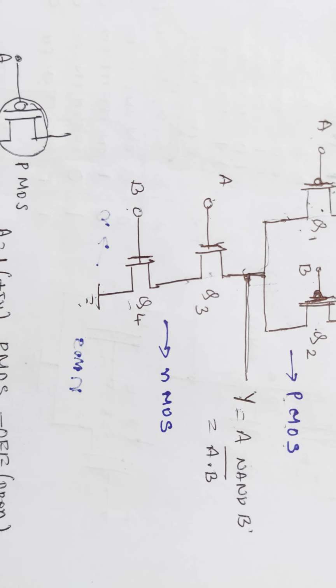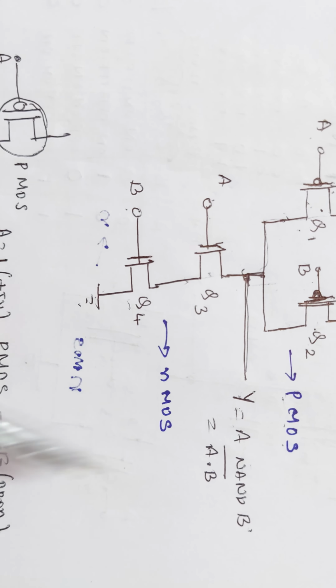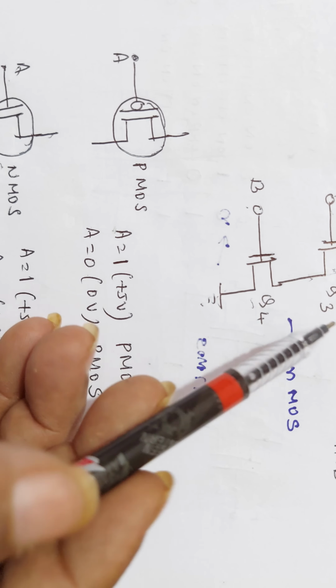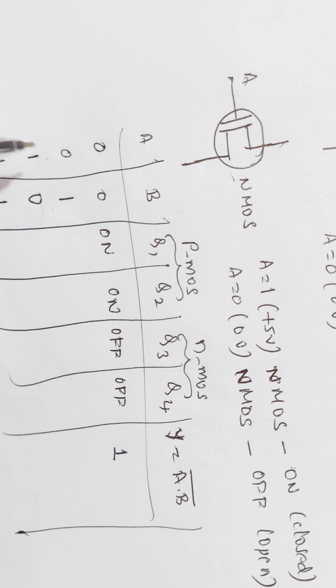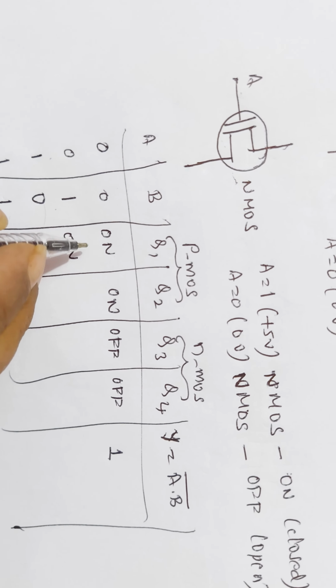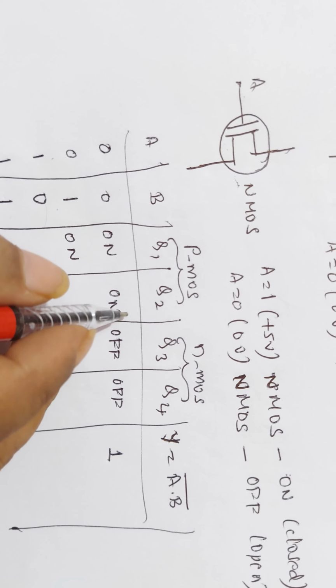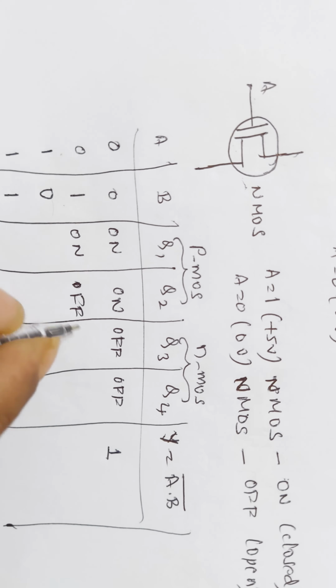When A equals 0, the P channel goes on. When input is 1, the P channel goes off. For the N channel, when A equals 0, Q3 goes off, whereas Q4, N channel, on 1, goes on.